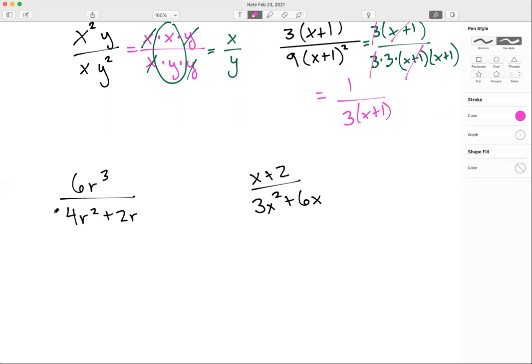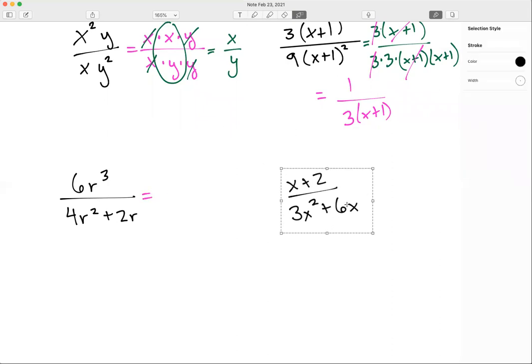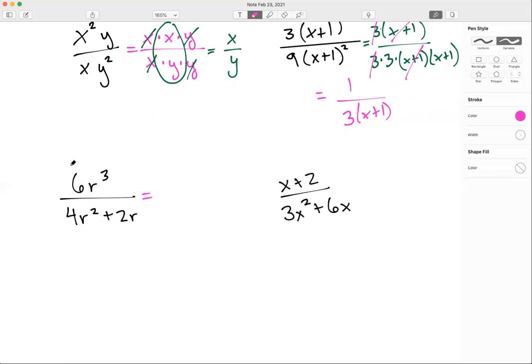So what we have to do first is rewrite the bottom here by factoring it as much as possible. That'll be GCF factoring we're about to do right here. So I'm going to rewrite the top, but then to the bottom I'm going to take out a 2 because 2 goes into 4 and 2, and then I'm going to take out an r.